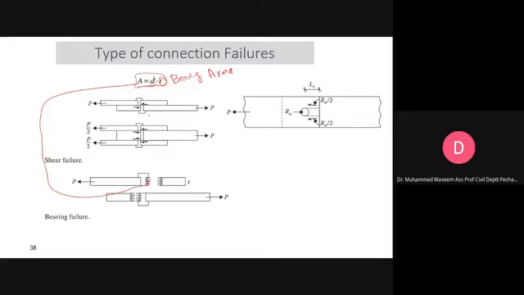Now this is showing the bolt failure in a single shear type. Single shear, this is double shear, this is a lap joint, this is a butt joint, this is a bearing failure of the joint. Now this is explaining the tearing failure. There is a specified distance from the edge to the centroid, and we call Rn as what?